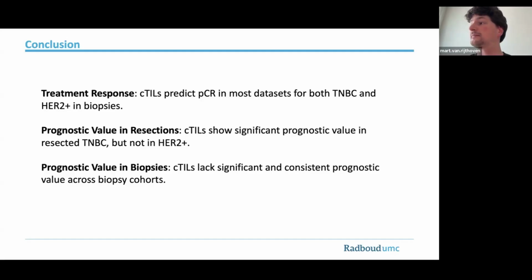Another reason could be that the biopsy data sets were also not significant for the visual TILs. So it could also be that the data sets didn't really show any prognostic value at all.